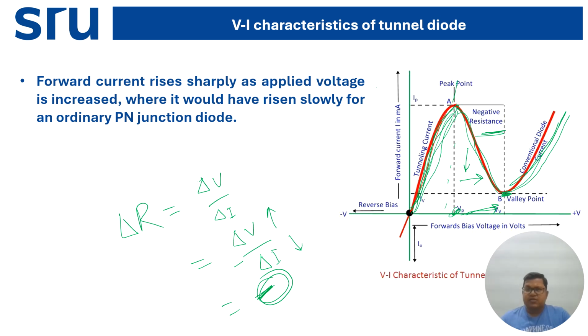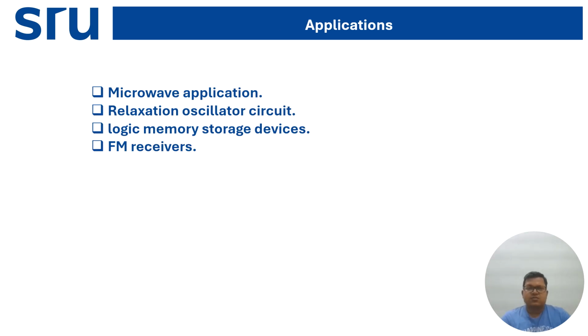Okay. Now we will see some applications like microwave applications where this negative resistance region is very important. Relaxation oscillator circuits, logic memory storage devices, frequency modulation receivers. So all these are different types of applications where tunnel diodes are used.